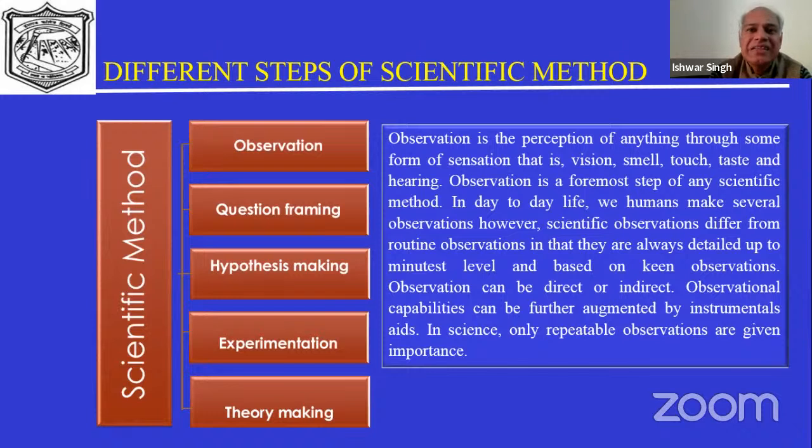So when you are taking observation up to its maximum depth, then you get every minute detail of the object or the thing in which you are interested, and that is called scientific observation.